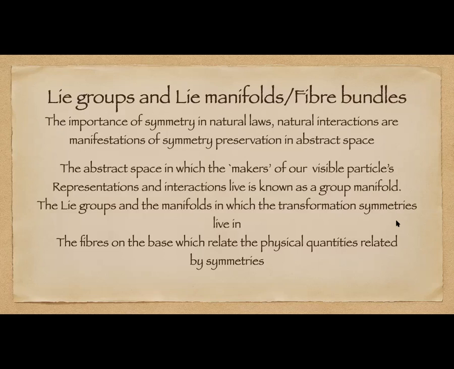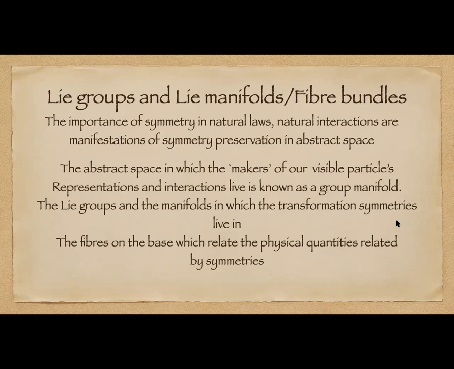Now, obviously, Lie groups and Lie manifolds, which is the next topic of this module, are equally important because after we formulated the background structure, we have the dynamics of particles on the background structure, and they are totally described by the Lie symmetries. And these symmetries live in some abstract space.